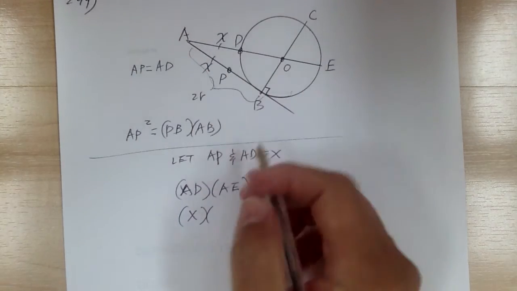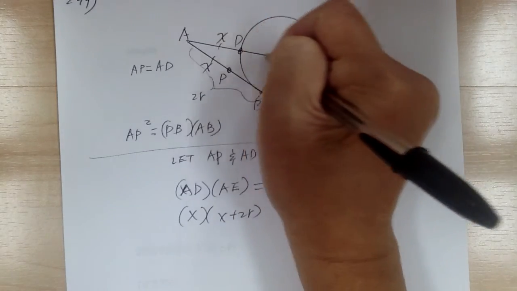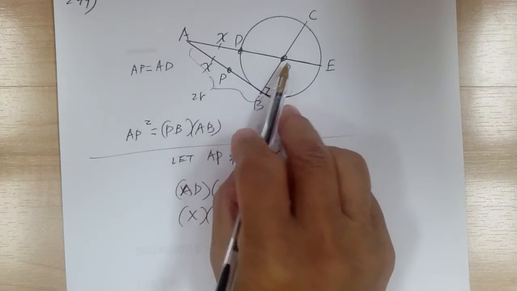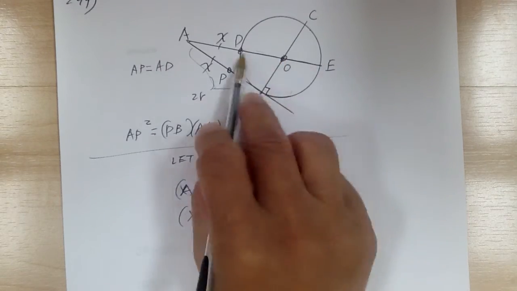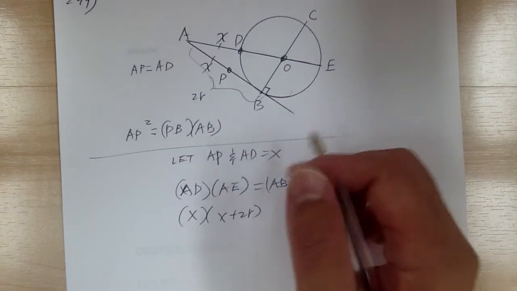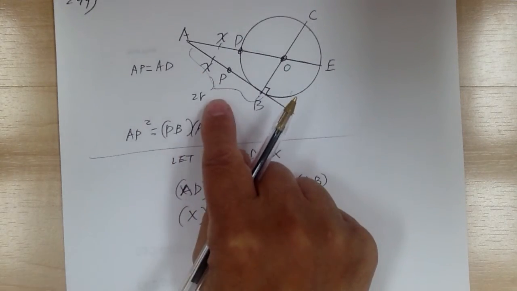AE is x plus 2r, because this goes through the center, so this is the diameter. The diameter is 2r, so it would be x plus 2r. And AB is given, it is 2r.